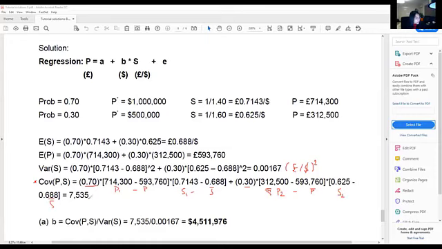Okay, so that should give me this number here. So to compute the beta coefficient, I'm going to take the covariance divided by the variance, and I'm going to get a number of 4.5 something million USD. Okay. So this is the beta in your equation.